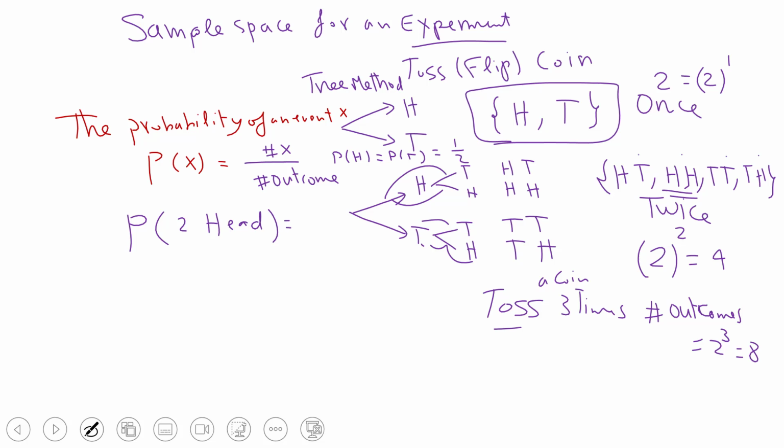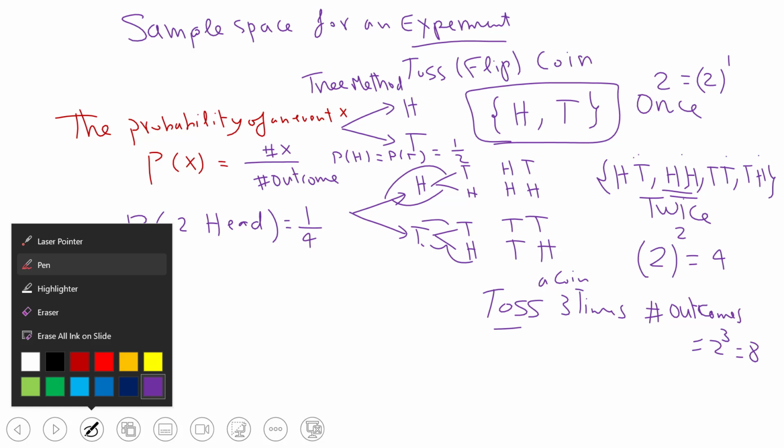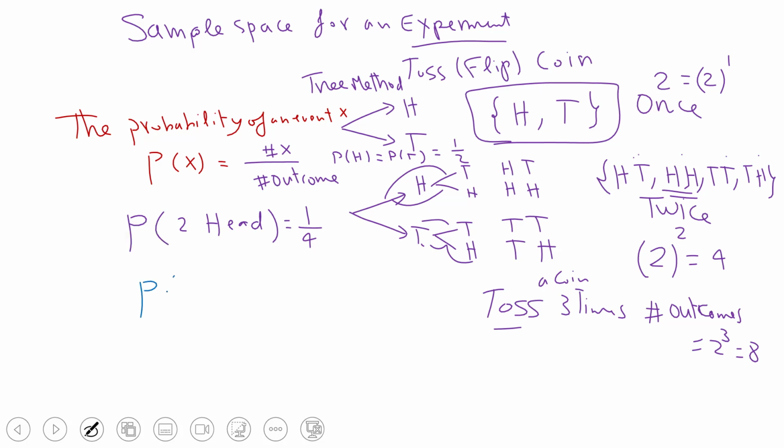So I have only one occurrence of 2 heads over the total number of outcomes, which is 4, right? But in the 3 tosses, if I'm asking you how many times you have 3 heads, you have only once, but this time out of 8.